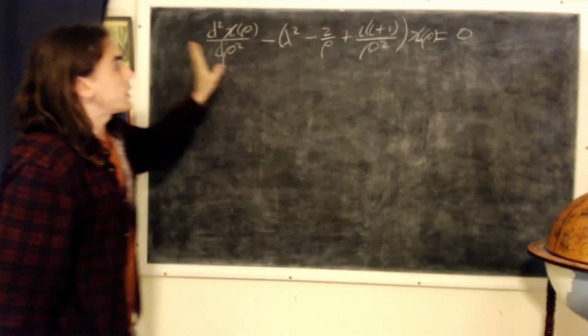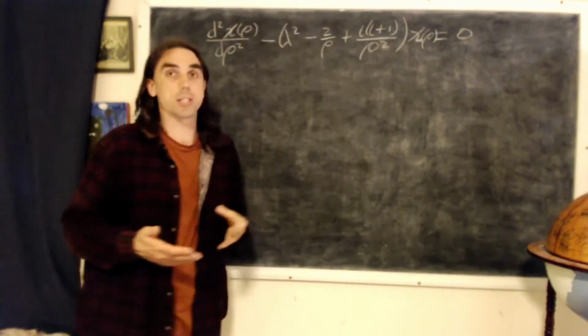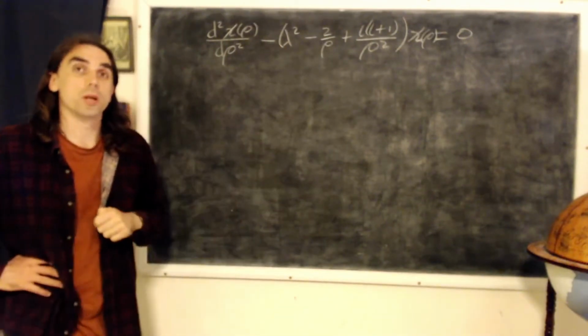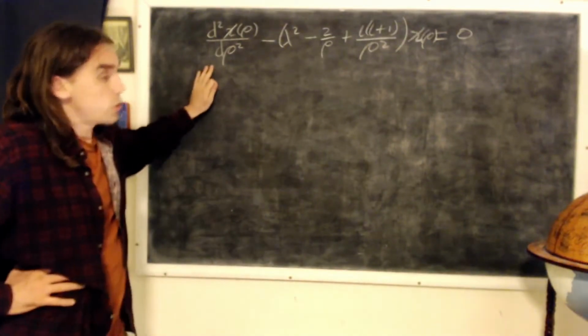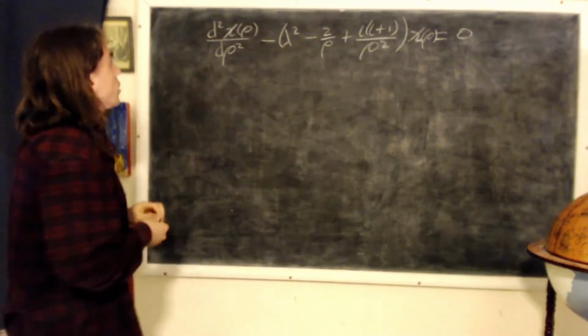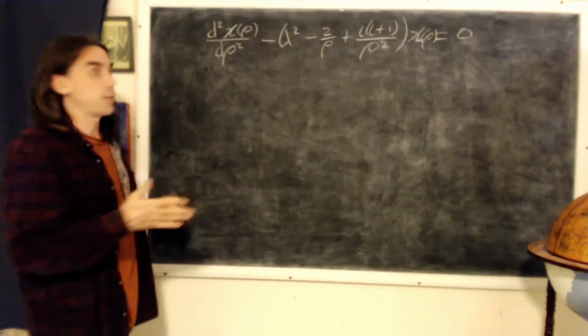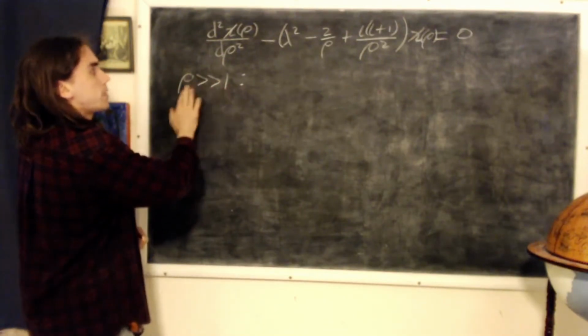Remember, the way to try and solve such ordinary differential equations is to massage them into a form where they've already been solved. In this case, we can do this by looking at different limits. So we can look at the case that rho is very large, that is, rho is much greater than 1 because it's dimensionless.